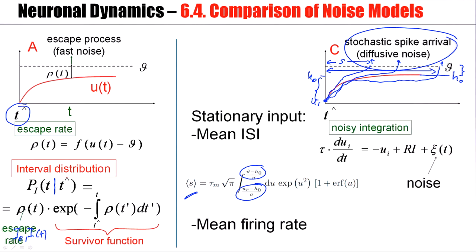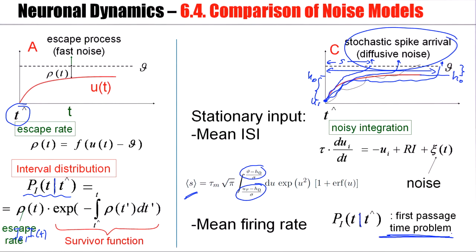In fact, calculating this quantity, the time-dependent interval distribution, for the case of a diffusive noise model is classified as the first passage time problem.